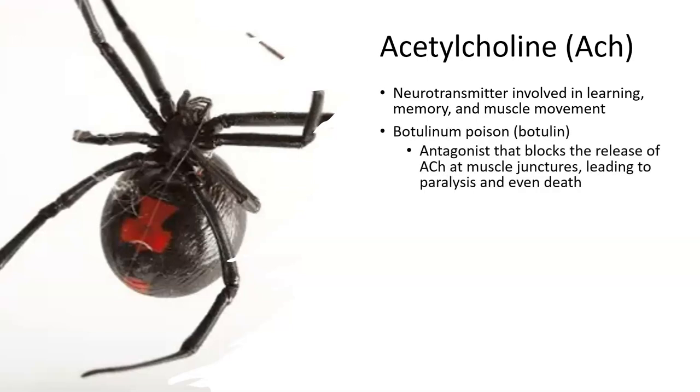Some toxins like botulotoxin become a poison. It's also used in cosmetic procedures, such as Botox injections, where you're taking advantage of the fact that botulotoxin is an antagonist that blocks the release of acetylcholine in muscles.